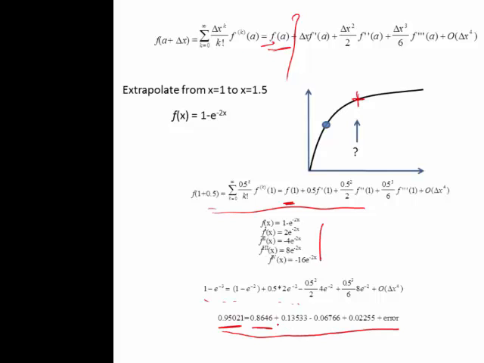So this result here would be the result we would have if the error was proportional to delta x, and that equals 0.86, and so that's just this value right here. Okay, and then if we add the next term, that's going to be this term. That's what we would have if the error was proportional to delta x squared.